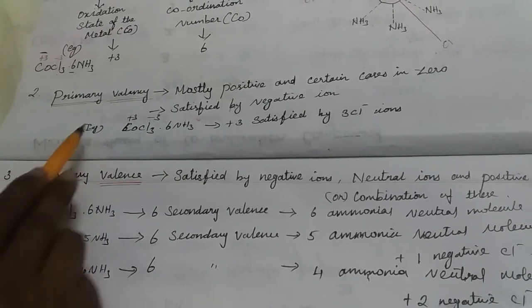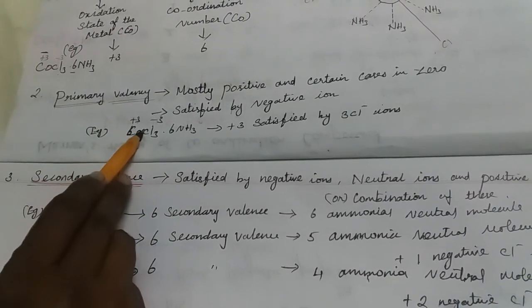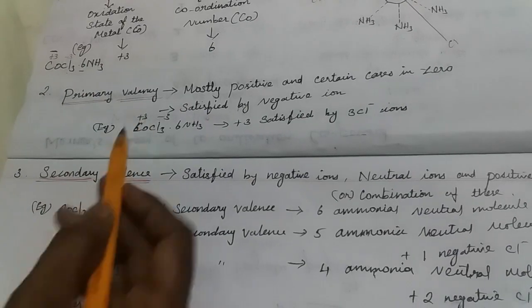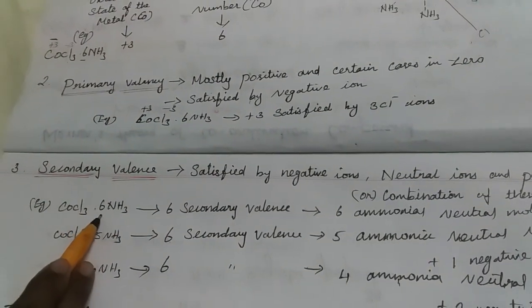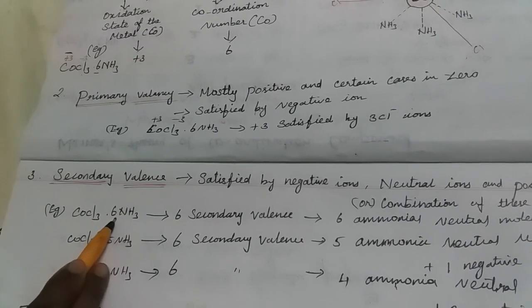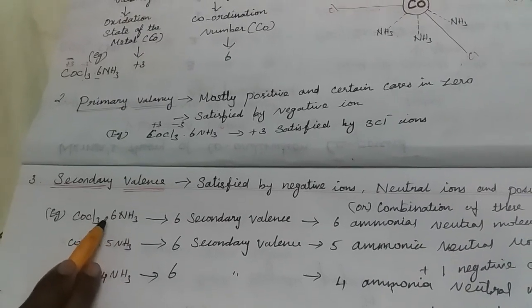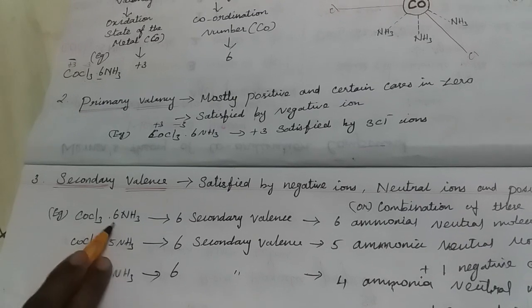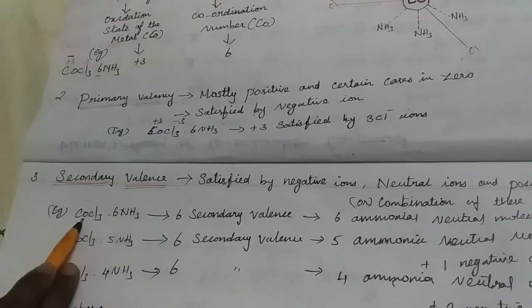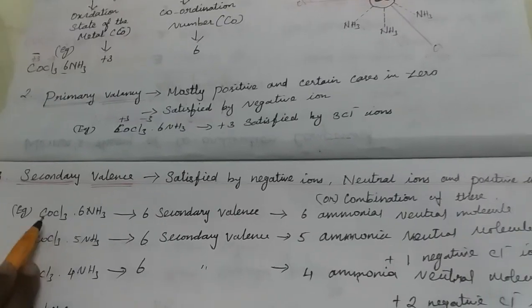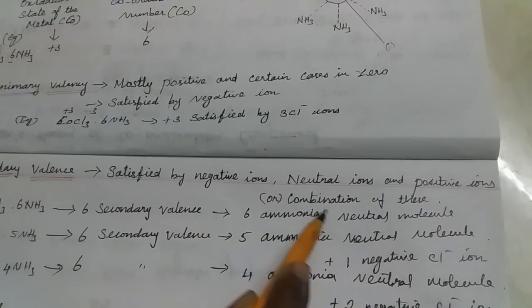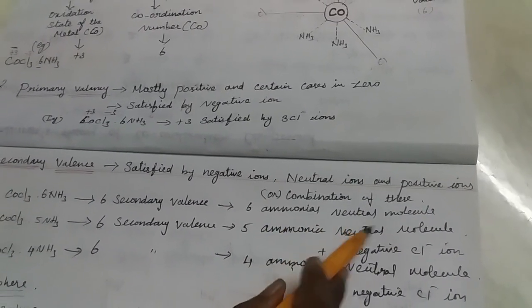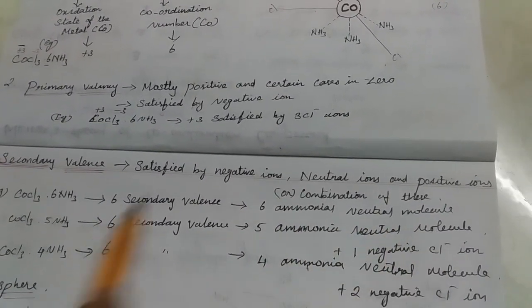The primary valency of cobalt is +3, but the secondary valency is 6, because the secondary valency indicates the coordination number. It is satisfied by 6 neutral ammonia molecules.